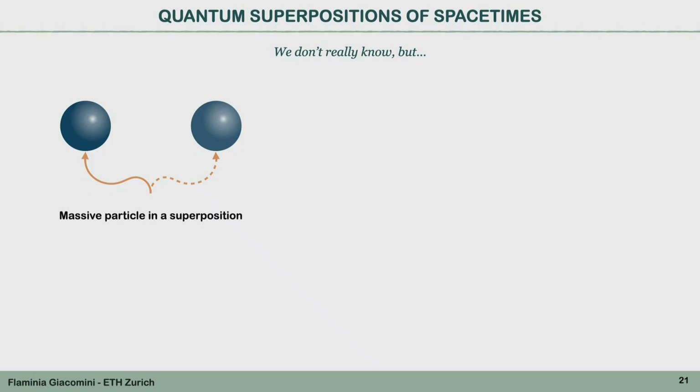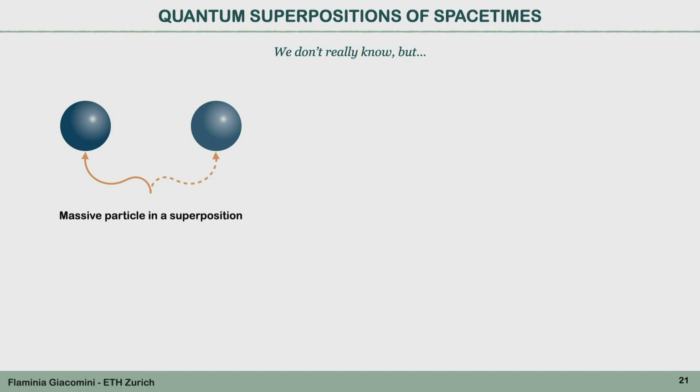Experimentalists are actually trying to realize this situation in the lab by preparing a quantum superposition of massive objects that can be a source of gravity. That's a long-term goal, but it's something that at least now we can imagine. We can think that it is feasible, maybe in 20 years. And in this situation, linearized quantum gravity should be applicable.